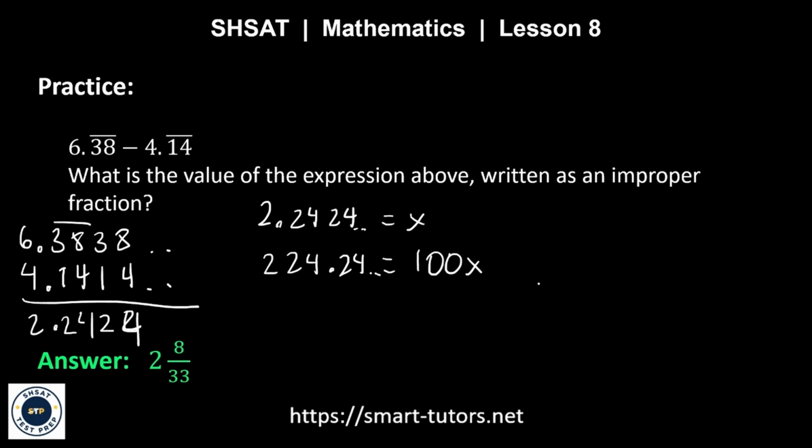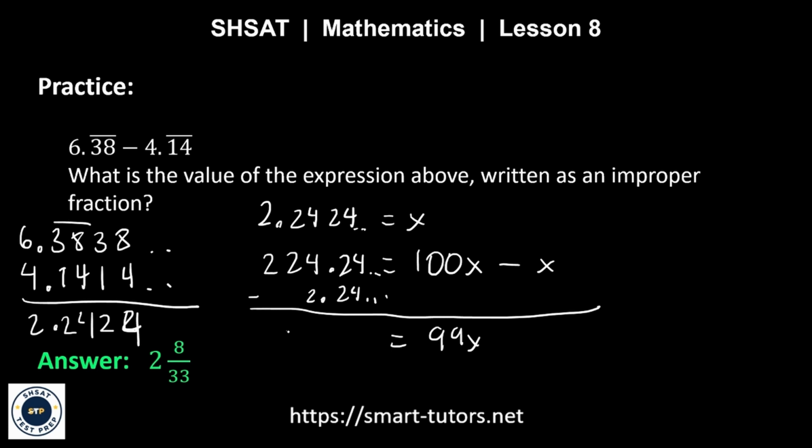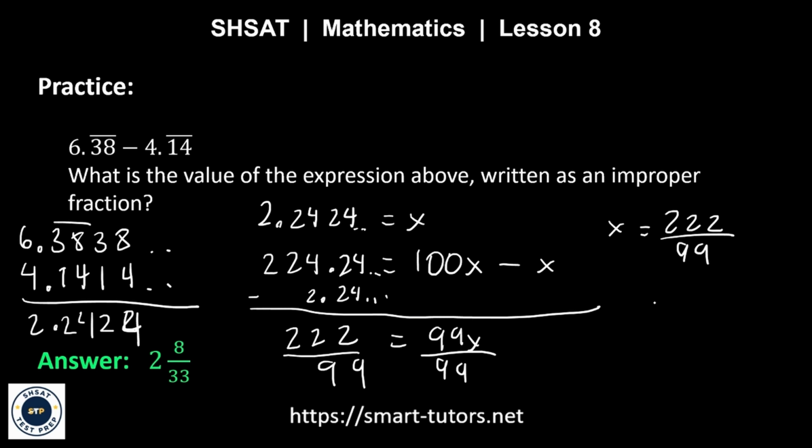And then you can try subtracting x from both sides, and the x's value is 2.24, so you can just subtract 2.24 continuing. And then you have 99x equals 222, and now you can just divide both sides by 99. And you have x is 222 over 99, and if you simplify that, you'll get 2 and 8 over 33.